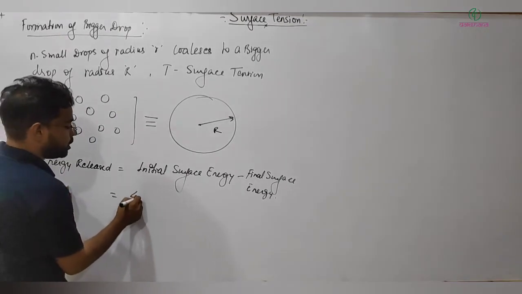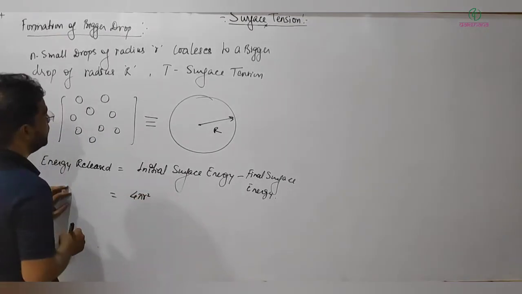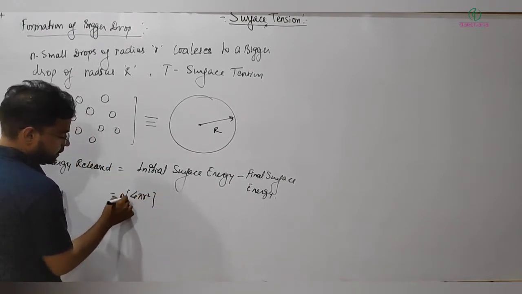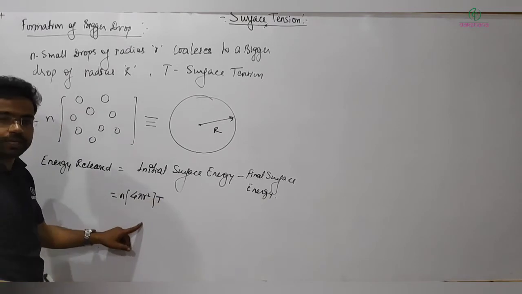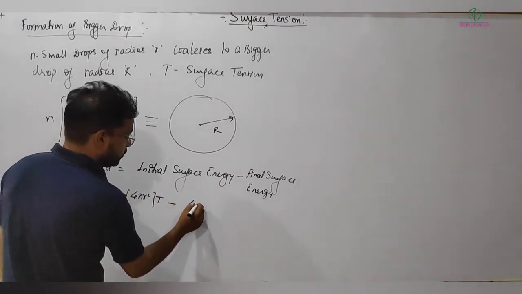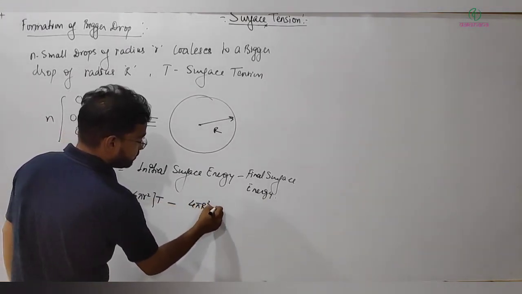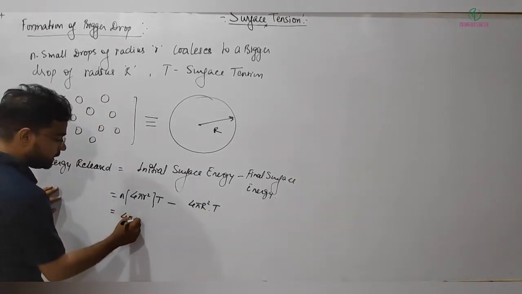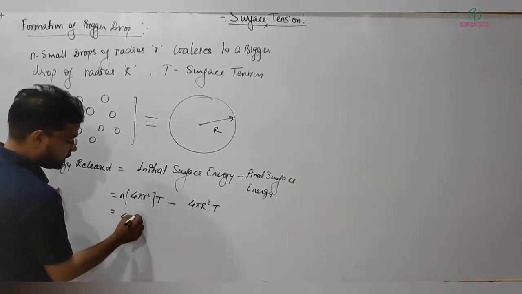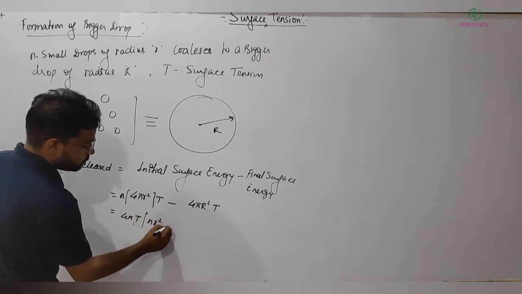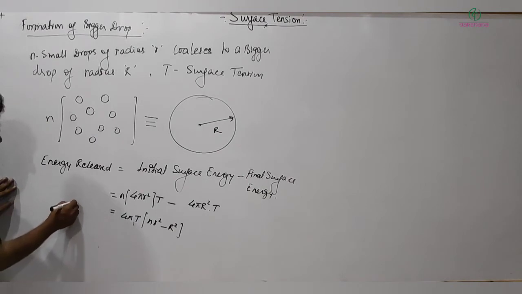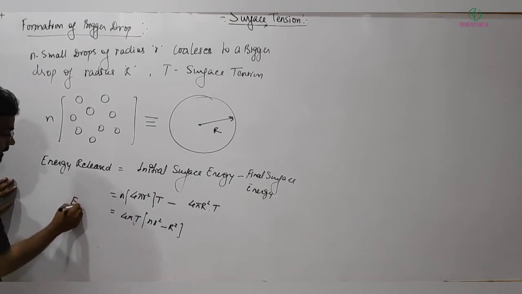Surface area of one drop is 4 pi r square, multiplied by n multiplied by T, the total initial surface energy, minus 4 pi R square multiplied by T. So this is 4 pi T into (n r square minus capital R square). This is the energy released.